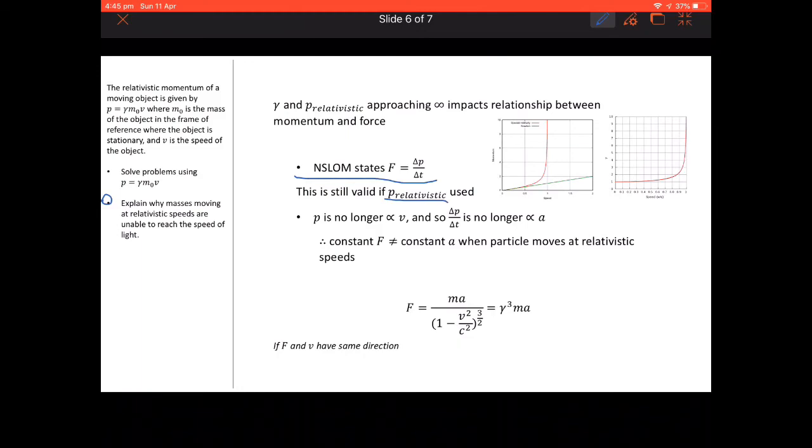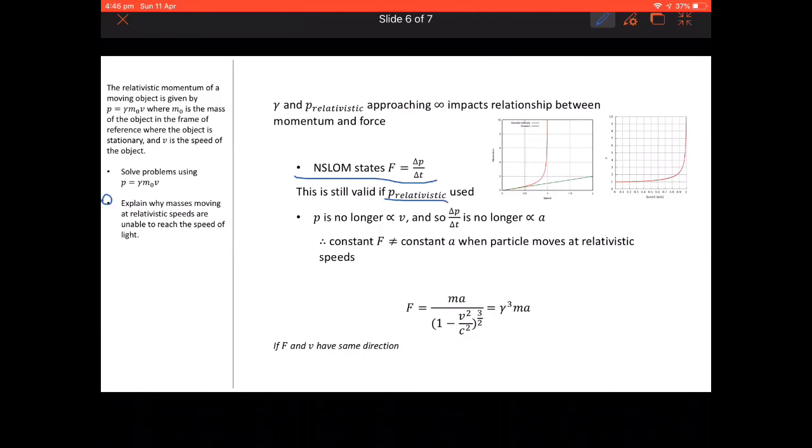Therefore, a constant force doesn't result in a constant acceleration when particles move at relativistic speeds. So that's different to our classical or Newtonian physics understanding. Those rules tend to break down as bodies approach the speed of light, theoretically.